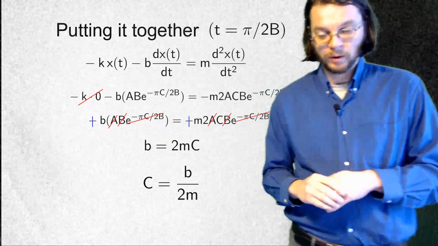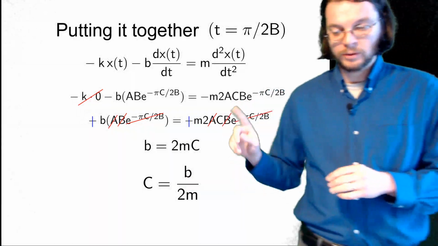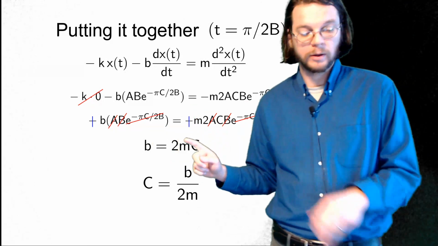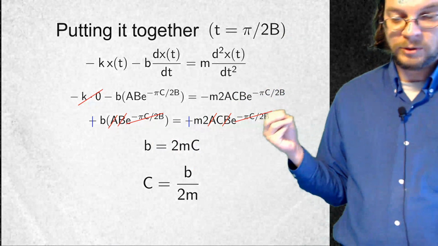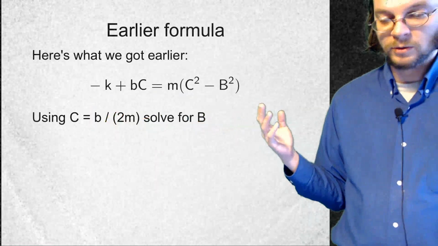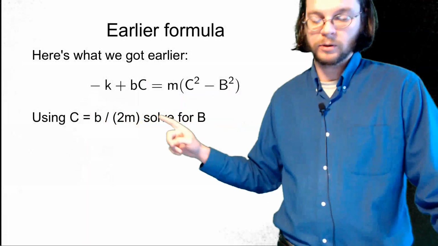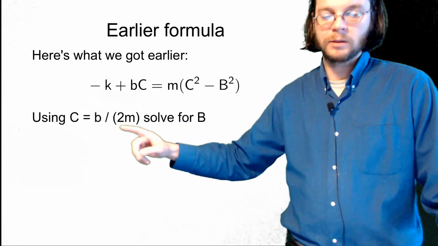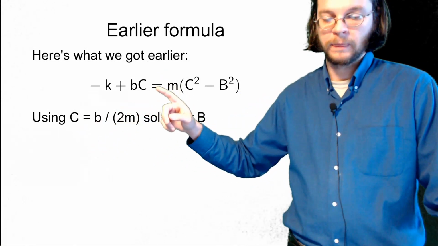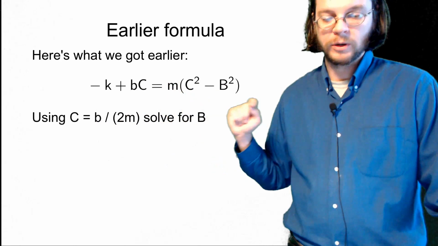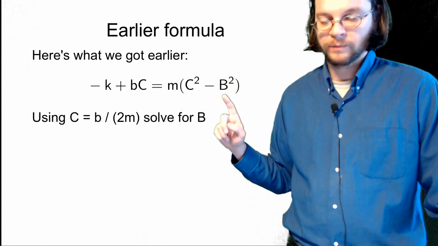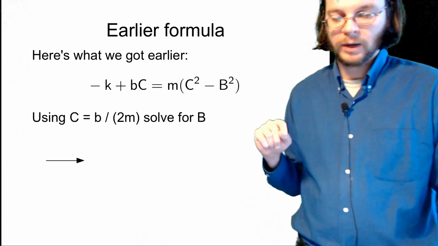The last part is figuring out what this capital B is. We don't have enough information here to figure it out, but that other equation that I said was going to be useful in a minute, well, now we can use it. If you take this equation, which we found earlier, and you substitute into it that c is equal to b over 2m, now you have an equation that you can solve for this capital B. When you do that, you find this.